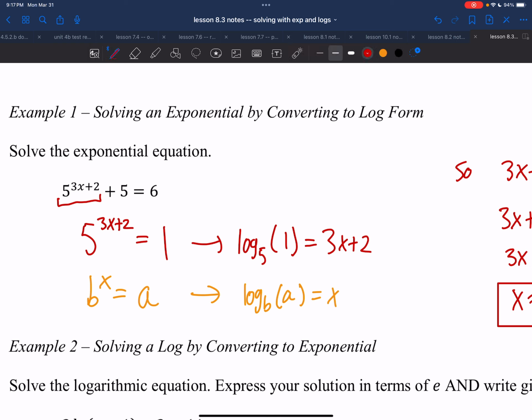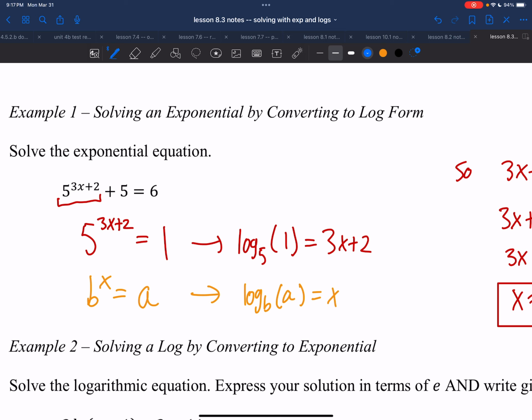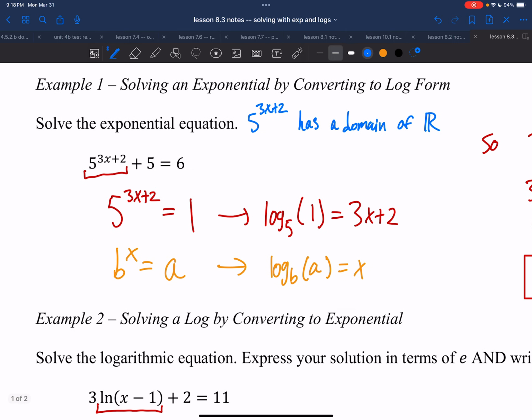So, for example, in this first one, exponentials, right? 5 to the 3x plus 2. This has a domain of all real numbers. And why is that significant? Well, the problem with our previous functions like square root x and 1 over x, right, is those functions had a limited domain, right?